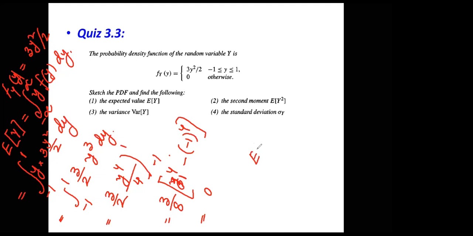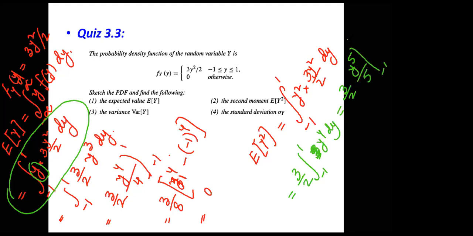Now what about the expected value of y square? That will be equal to the integration from minus 1 to plus 1 of y square into 3y square by 2 dy. The same equation, just instead of y, we will have y square. Then what will be the case? 3 by 2, then integration minus 1 to plus 1, y to the power 4 dy, and then that will become y to the power 5 by 5, minus 1 to plus 1.